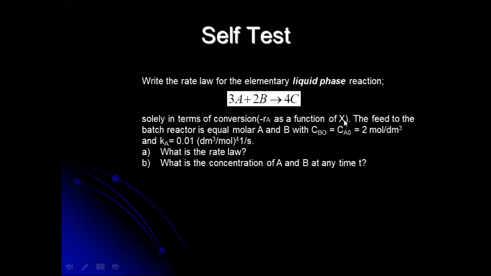Conversion is letter X. Okay, so our goal here is to find the rate law. So we'll have to use the whiteboard again. For that particular example, let me check if I have already answered it. Let me see.